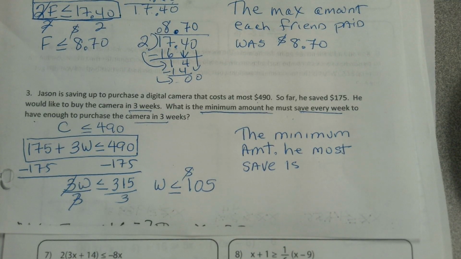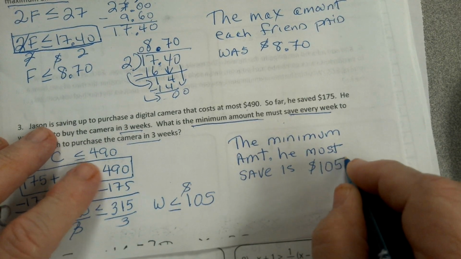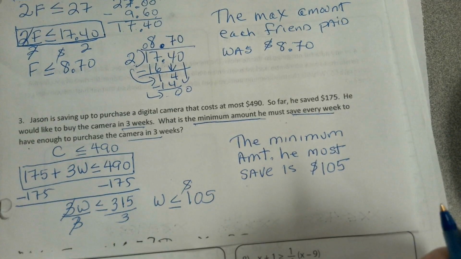Isn't it? Because the word from it says minimum, right? I don't want to say at, it's not at least. The minimum amount he must save every week is 105, doesn't it? Per week.